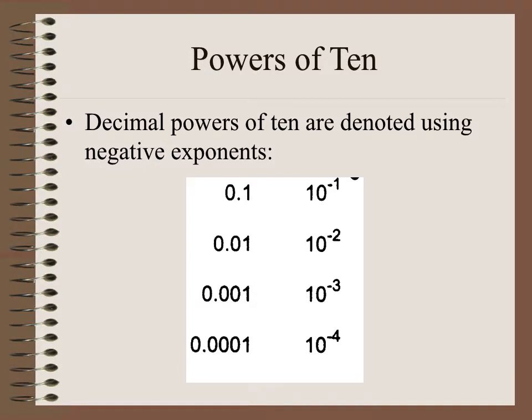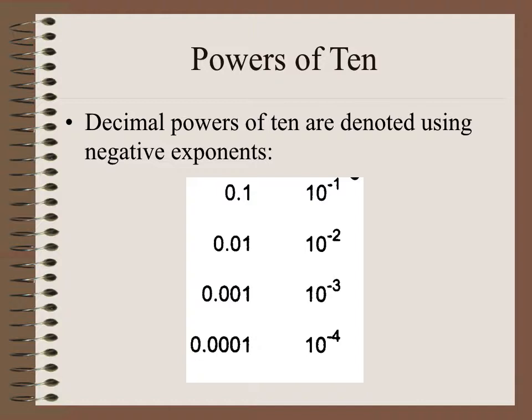Let's start by taking a look at decimal powers of 10. As you can see, we have our decimals, 0.1, 0.01, 0.001, and so on. Recall that a number like 0.1, which is 1/10, can also be written as a fraction.